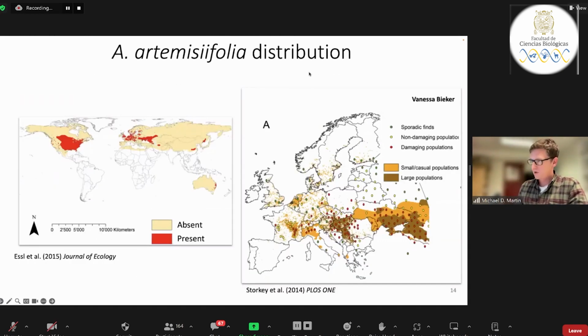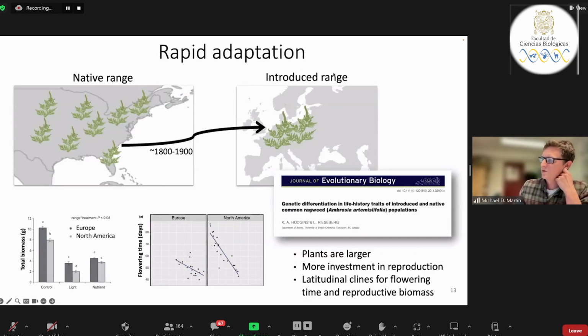We also know from previous work on ragweed that the plants that grow in Europe, the introduced range, and the populations that descended from those initial introductions in the 1800s and 1900s are larger than those in the native range.